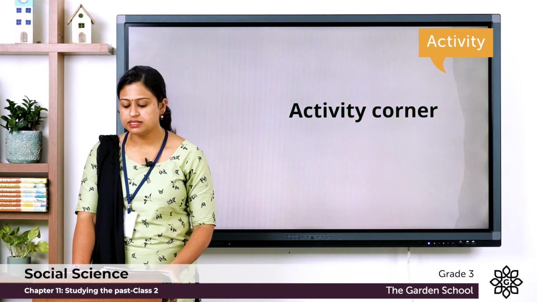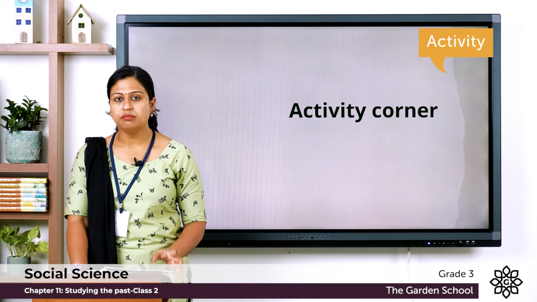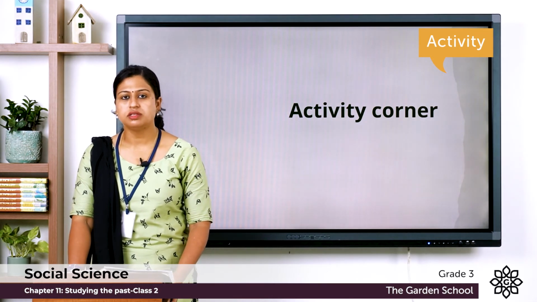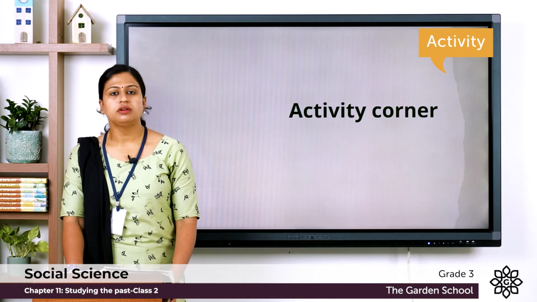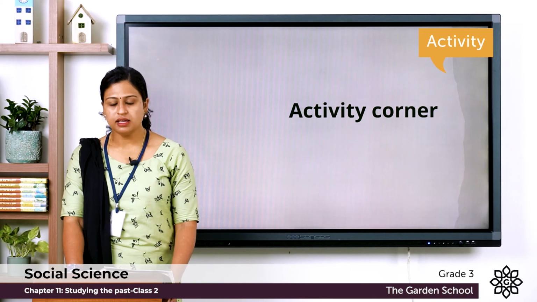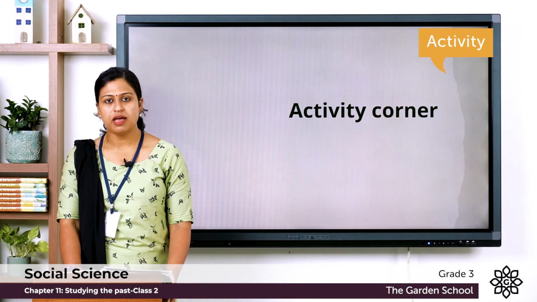The first one, timeline activity. So you have to study the following timeline and mark the given years with a pencil on the timeline. So this you have to do in your textbook and you have to upload in Microsoft Teams.